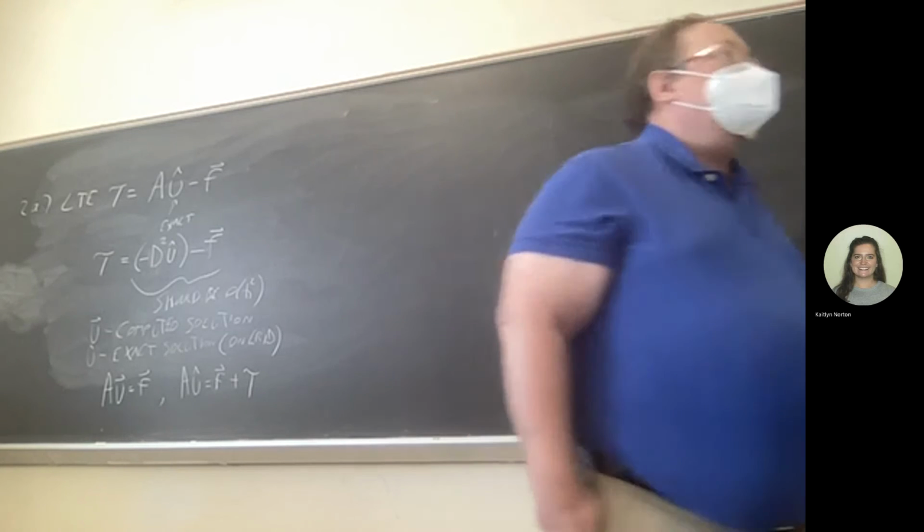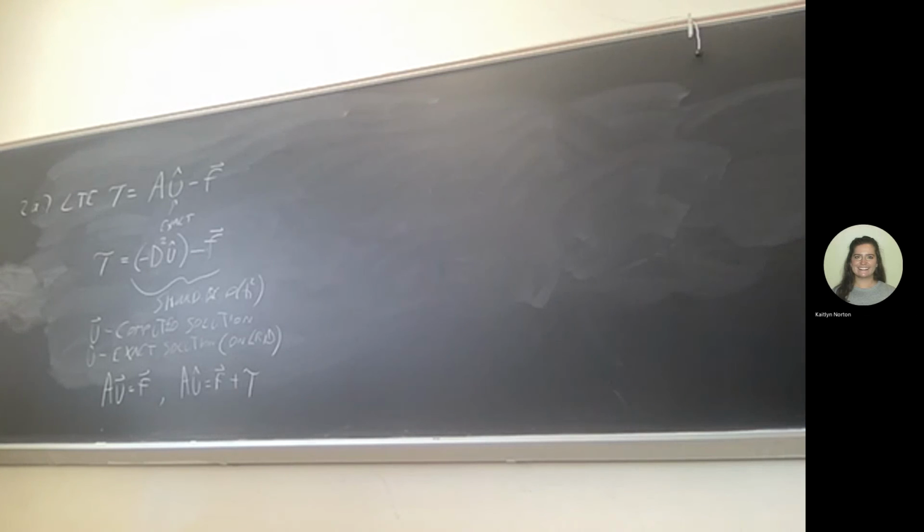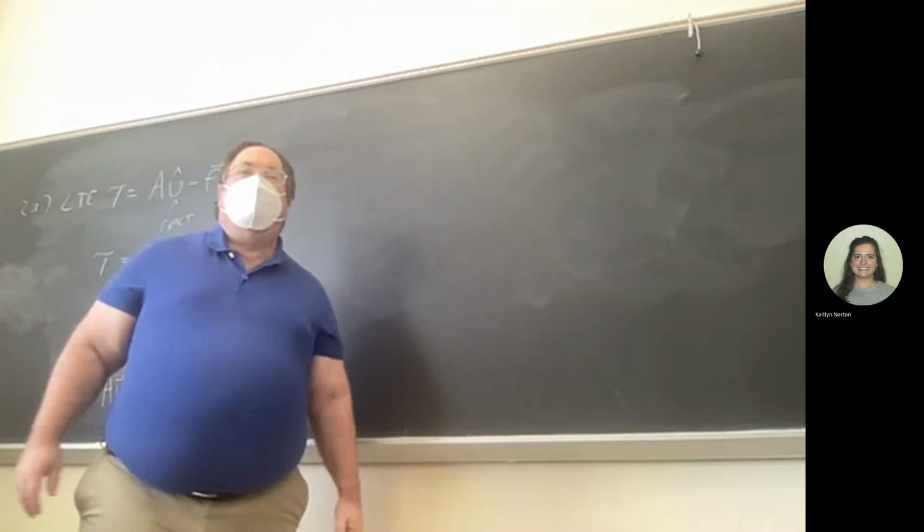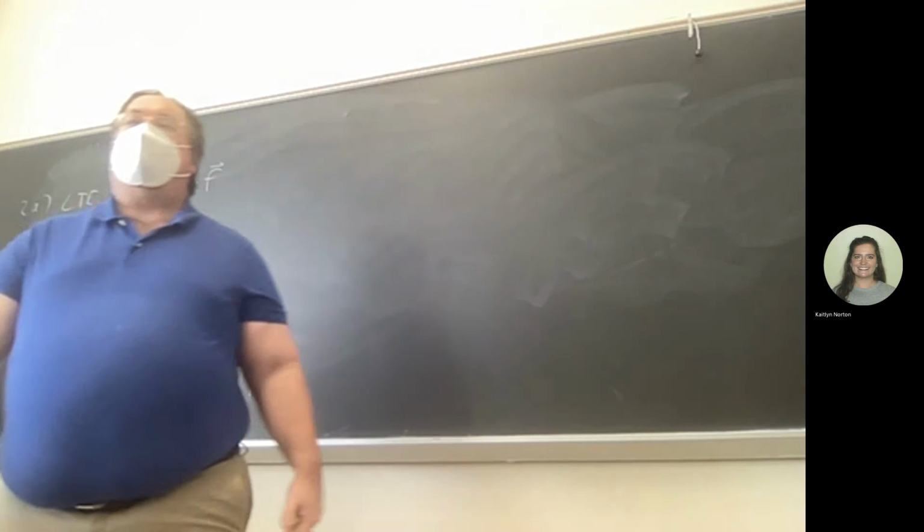So it's possible that the second order accuracy that you're seeing now with maybe not too large a number of grid points might pose problems as h gets smaller.